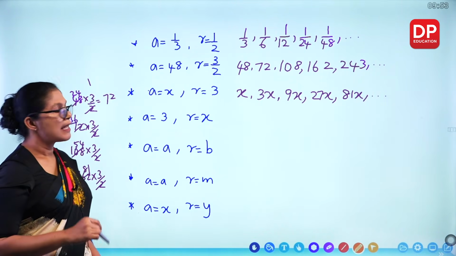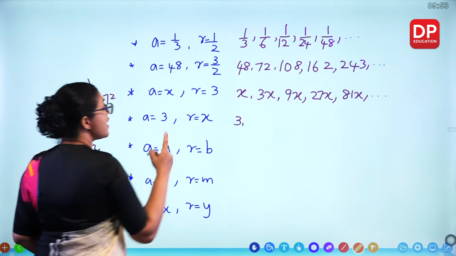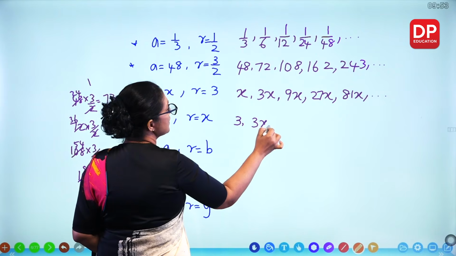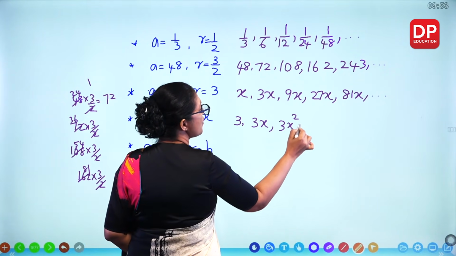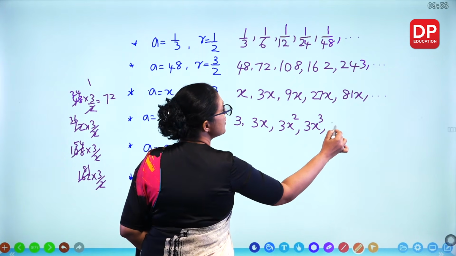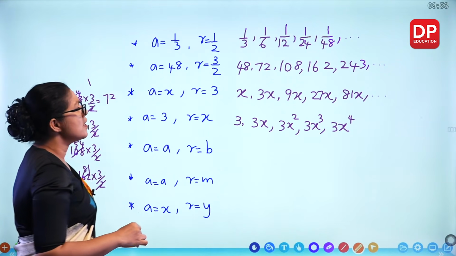This one, starting from 3. The ratio is now x. 3 times x, 3x. 3x times x, 3x squared. 3x squared times x, 3x cubed.